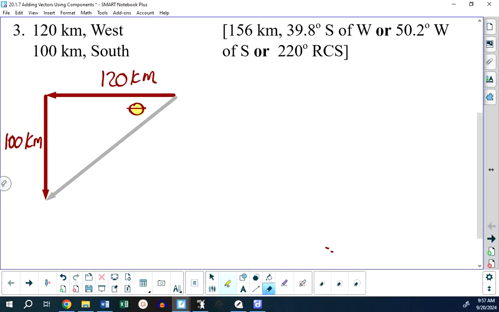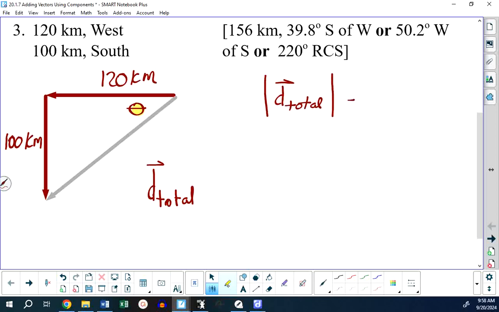So how do we determine the magnitude of that total displacement? Well, the total displacement is a vector. How do we determine the magnitude of it? Well, it's the hypotenuse.